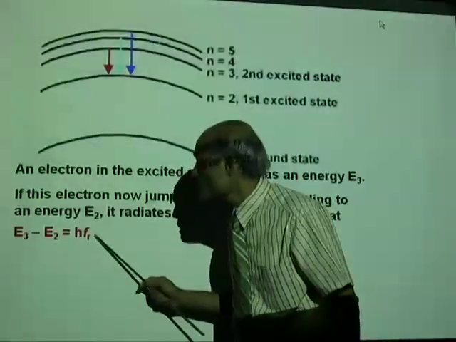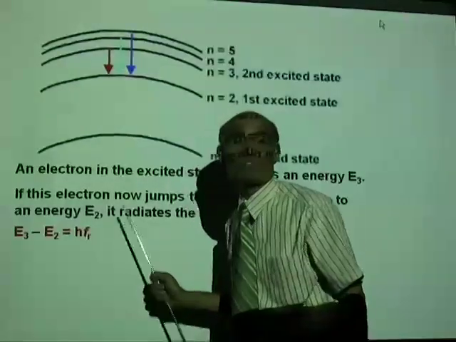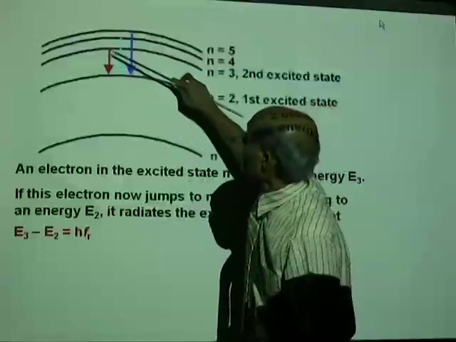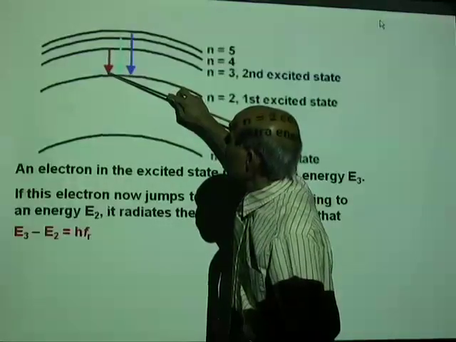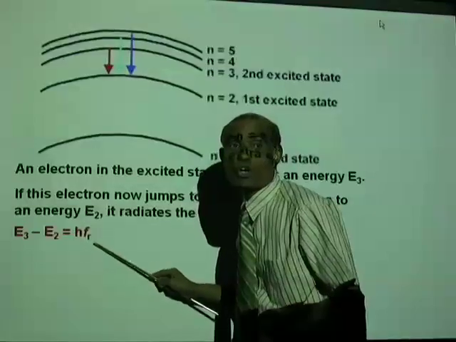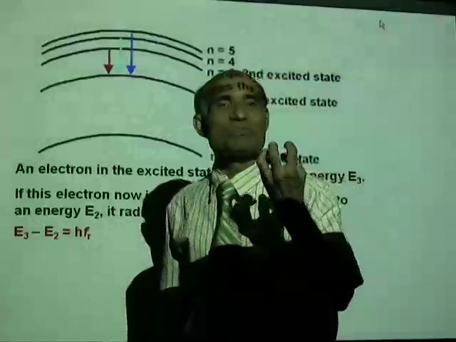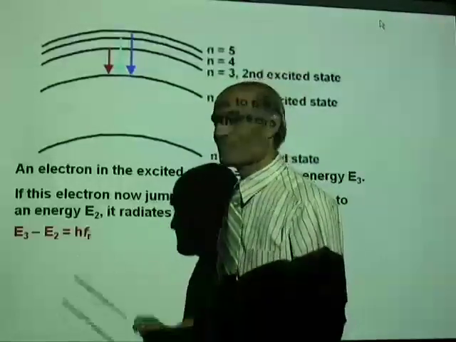That difference in the energy is thrown away. And how much is that difference? It is h times the frequency of radiation. So E3 minus E2 is emitted as a photon of energy hf, and that is the red radiation that we see.